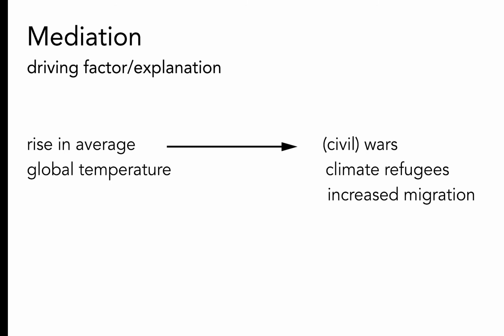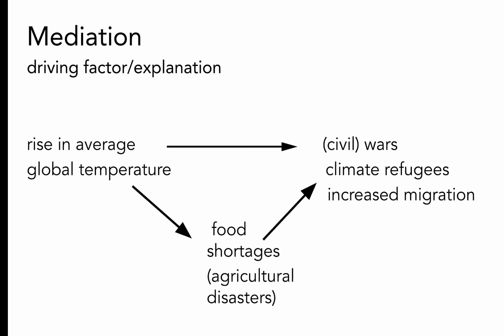How could that be the case? How could one topic, global warming, so significantly lead to another topic, civil war, climate refugees, and increased migration? What could explain this causal effect? The reality is that the underlying factor could be food shortages.